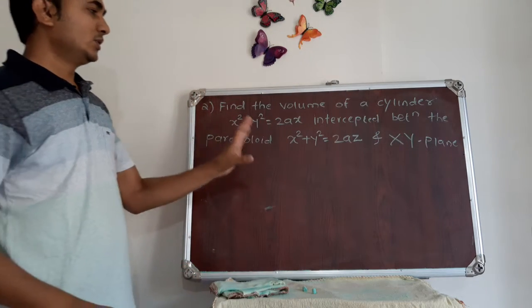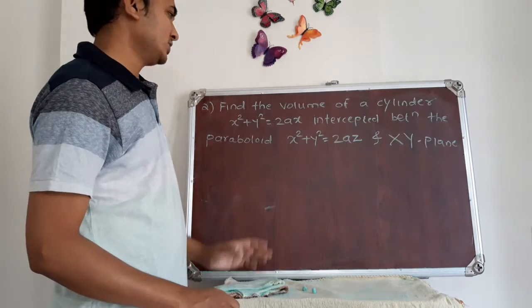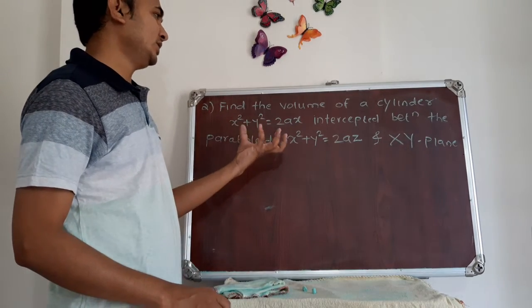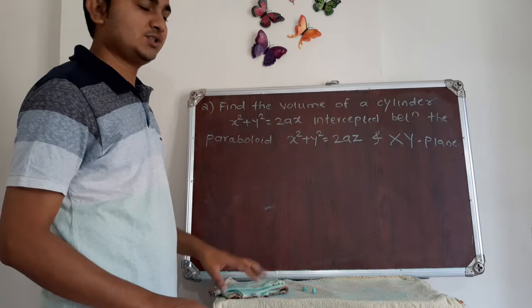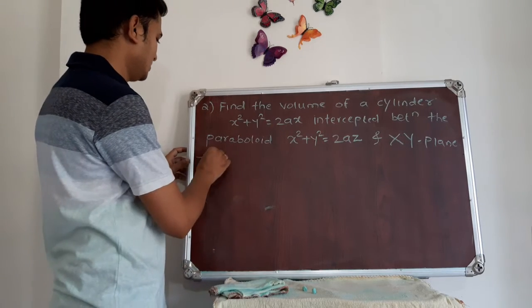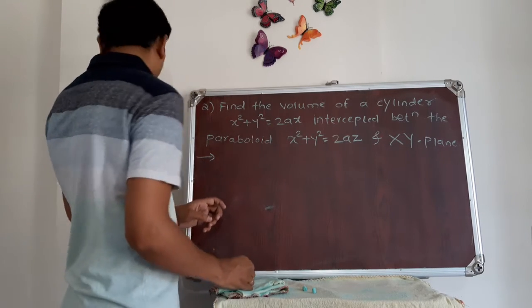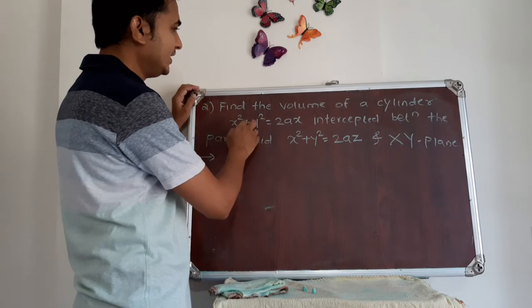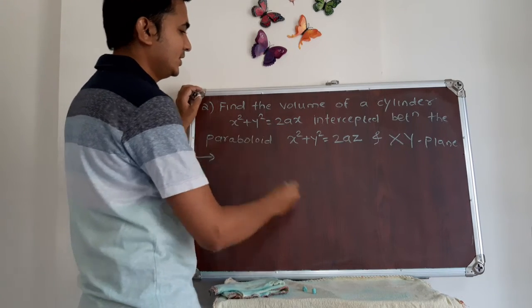Okay, so looking at this example, you first of all think about what is the volume bounded between these surfaces. Here this is a cylinder.